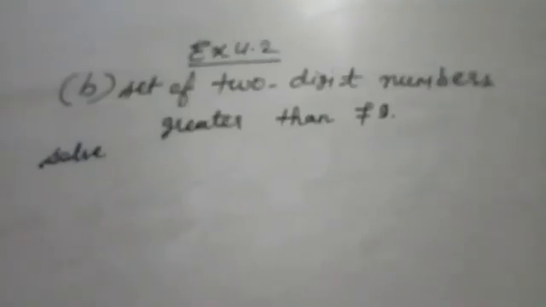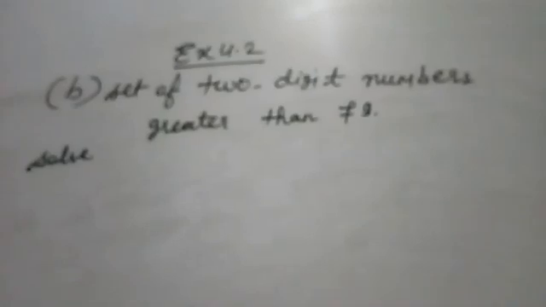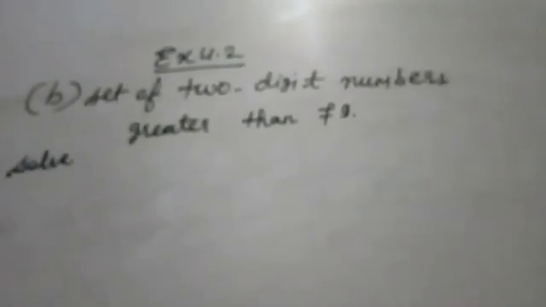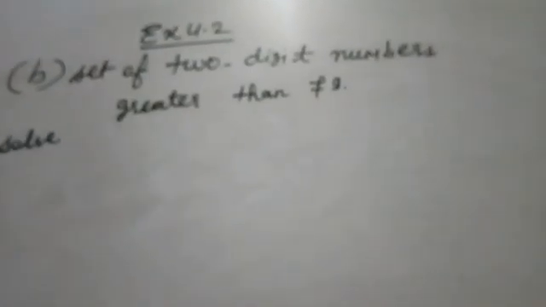This is the B part of exercise number 4.2, question number 1. Set of 2-digit numbers greater than 79.